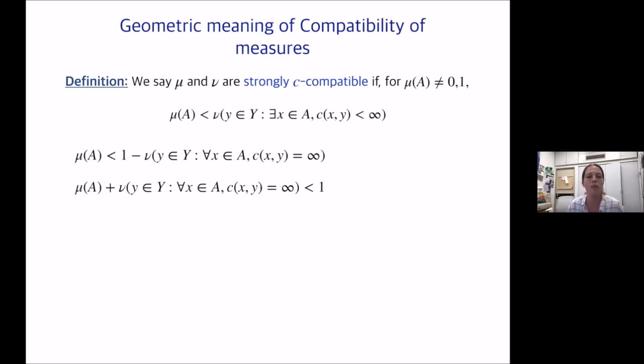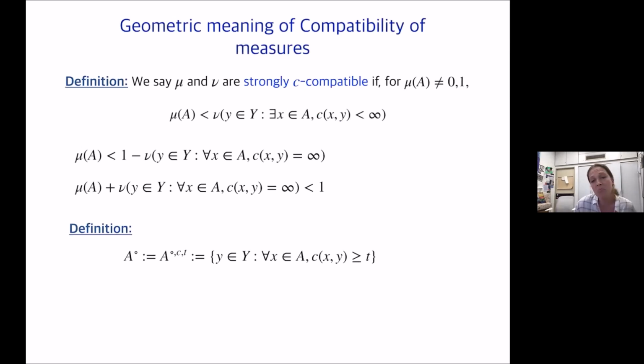So this condition says: mu of A plus nu of the set associated with A, all of the points that have infinite cost no matter what point in A I take, the sum of these measures has to be less than 1. And this inspires you once more to define a kind of dual of a set.